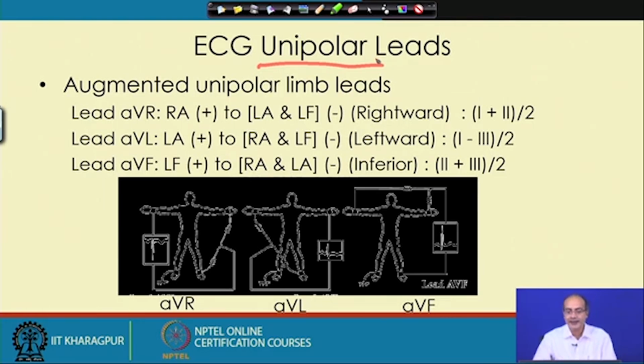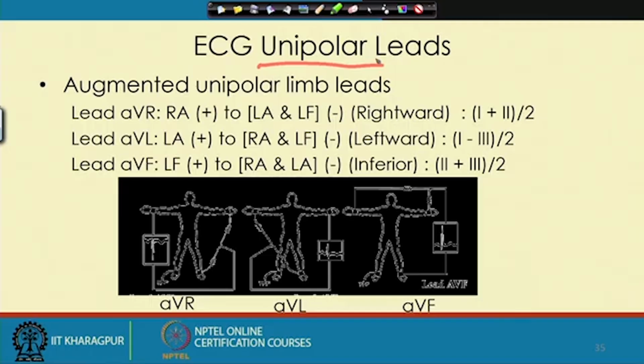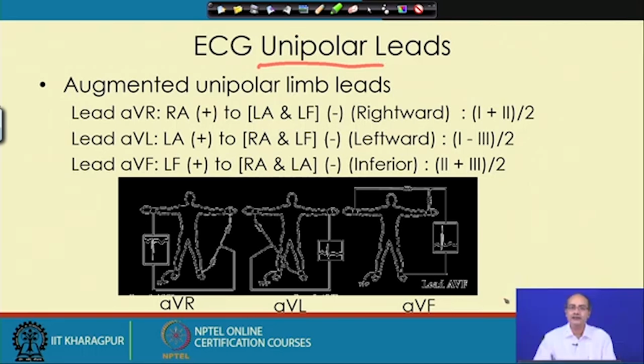The catch is that there is always a reference lead. However, the reference lead is not a simple lead, it is a composite lead. And how is that done? If we have multiple leads and we add them up, that can provide us a reference.